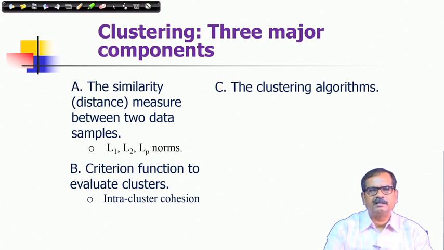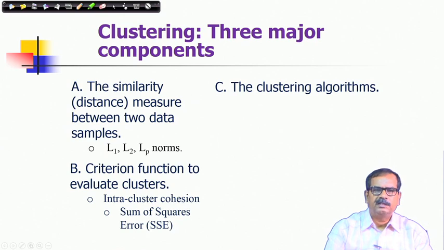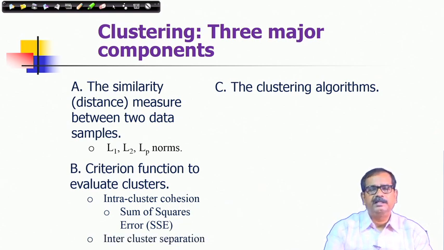One is good intra-cluster cohesion, which means the members of the clusters should have good homogeneity. One of the measures in this case could be the sum of squares of error or deviations. The other is inter-cluster separation, which means groups are also well separated, well discriminated.